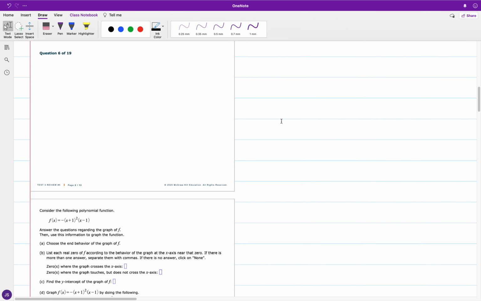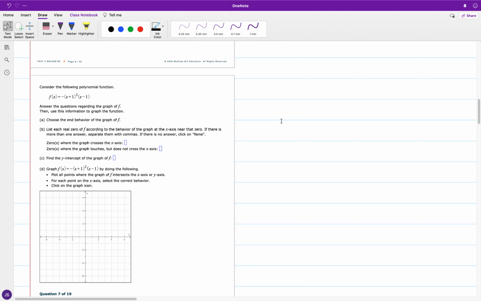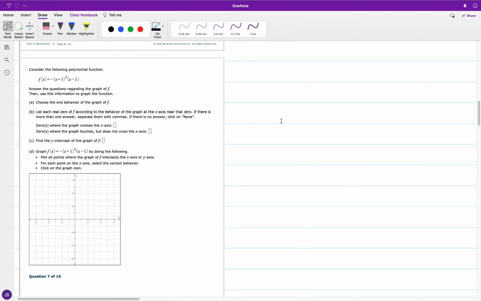Now for question number 6, this is a multi-part problem involving end behavior, zeros, multiplicities, where the graph crosses and touches the x-axis, and also the determination of the y-intercept.